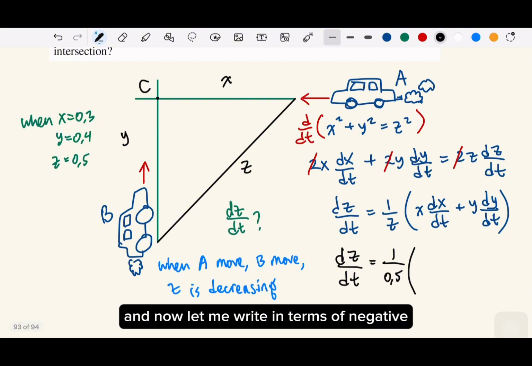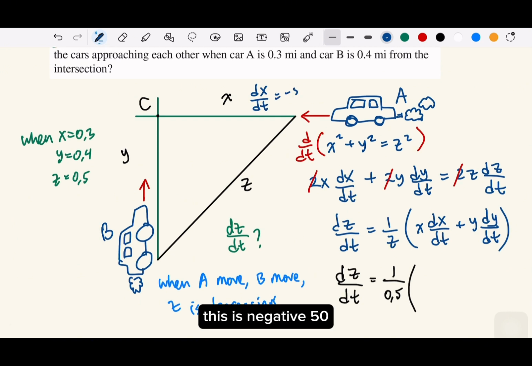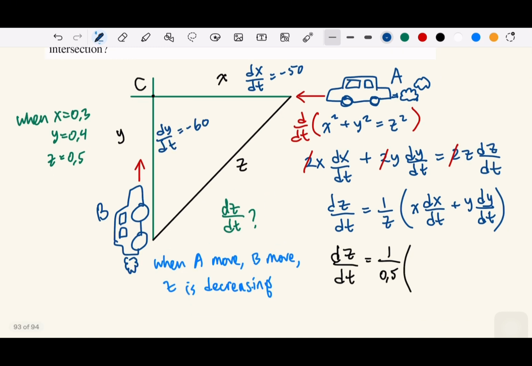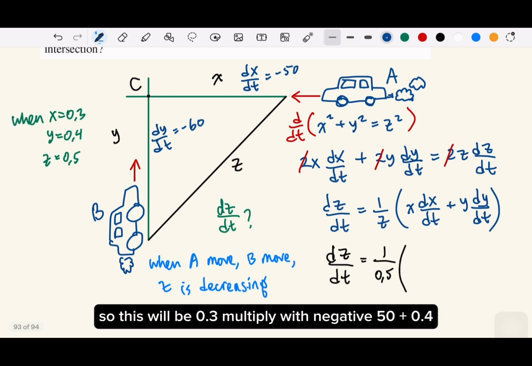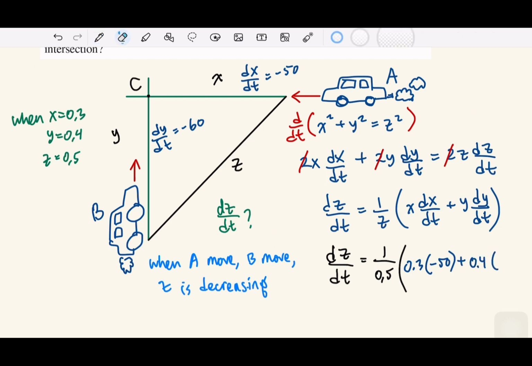And now let me write in terms of negative. So I will write dx/dt in negative form. This is negative 50. This is negative 60. So this will be 0.3 multiplied with negative 50 plus 0.4 times negative 60.